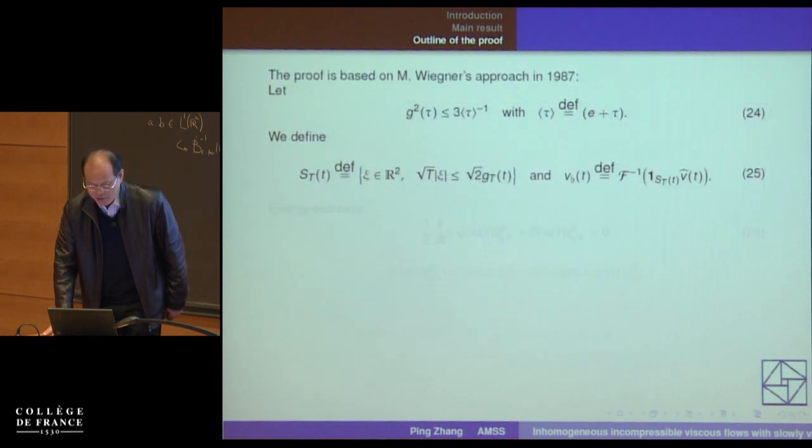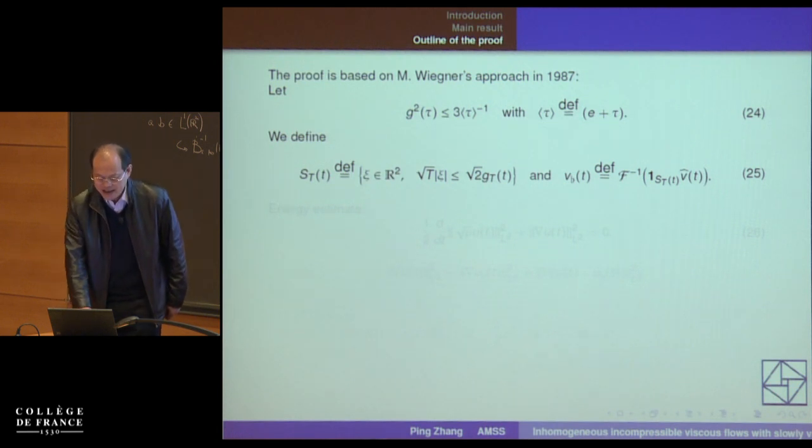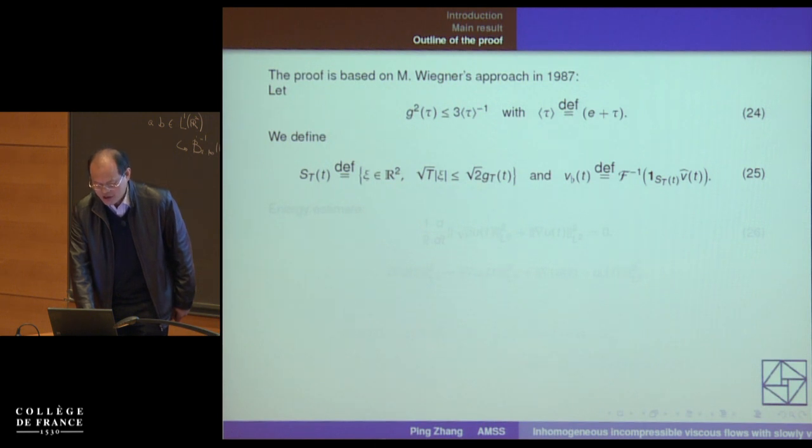The main idea of the proof is, in fact, based on the method introduced by Wiegner in 1987 for the classical Navier-Stokes system. Let's denote g a function defined on R plus with g squared growing like 3 times the inverse bracket of τ.